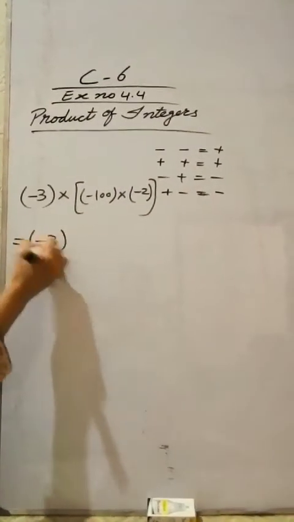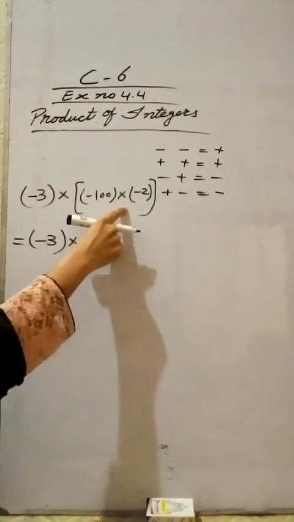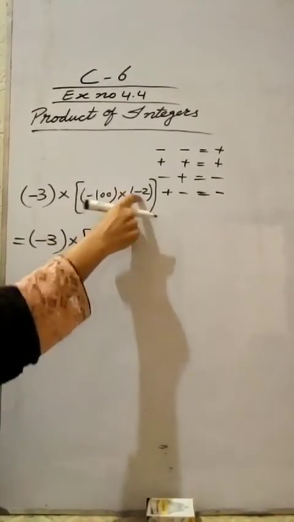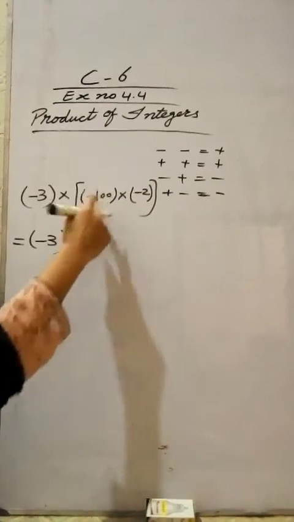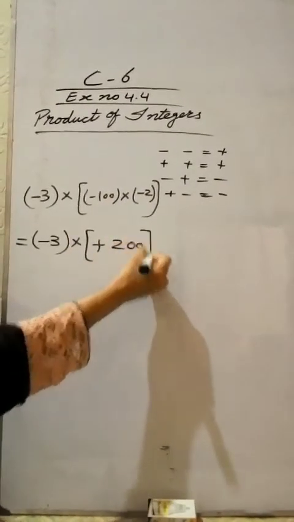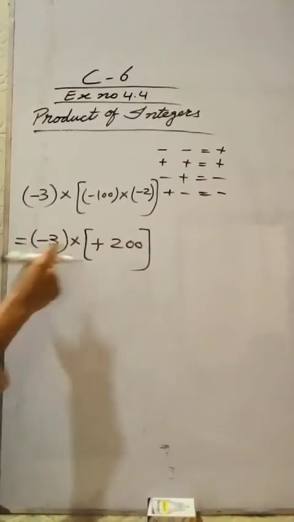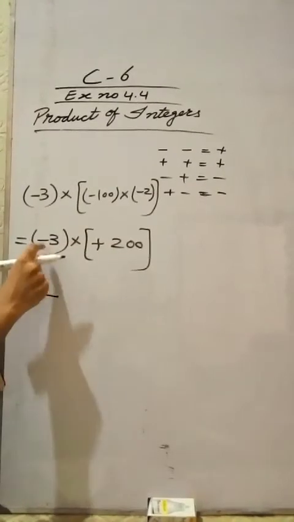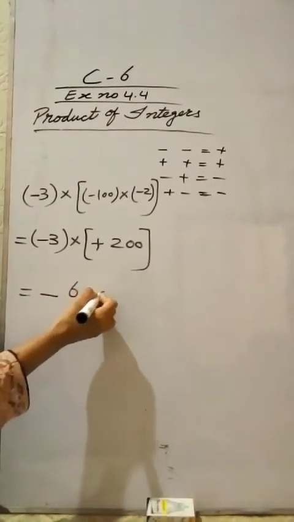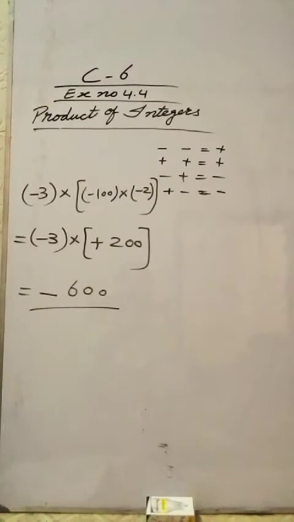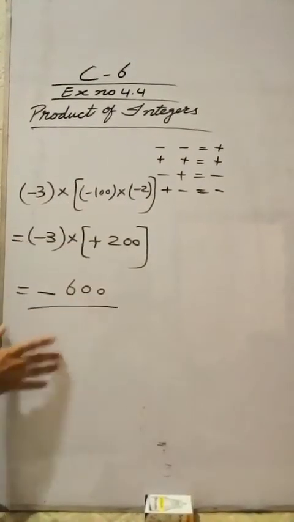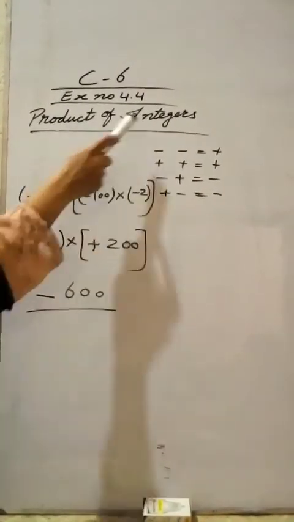Minus 3 is the same as it is. Firstly we need to solve the inner bracket. Minus minus plus, 2 multiplied by 100 is 200. Now compare with the first one. Plus minus minus, 3 multiplied by 200, the answer will be 600. Draw the ending line.